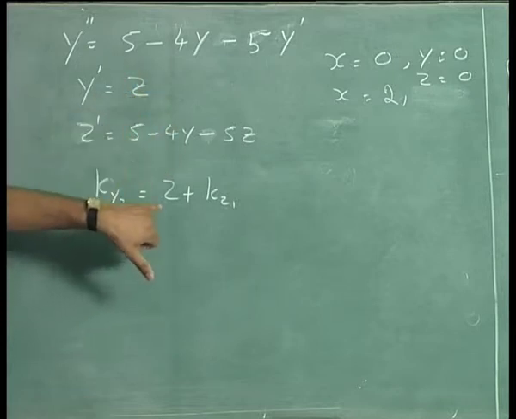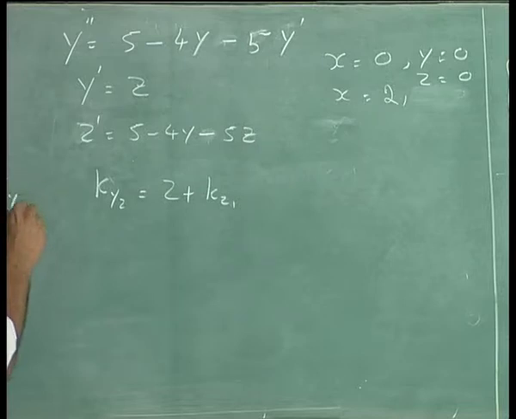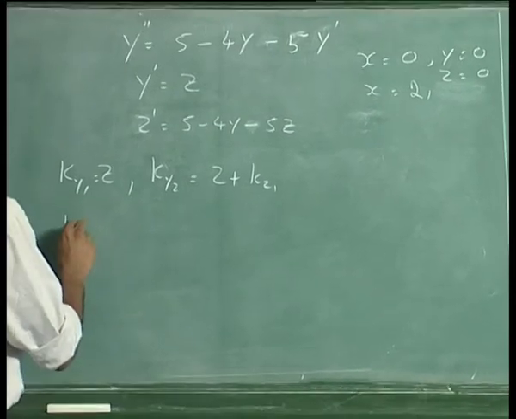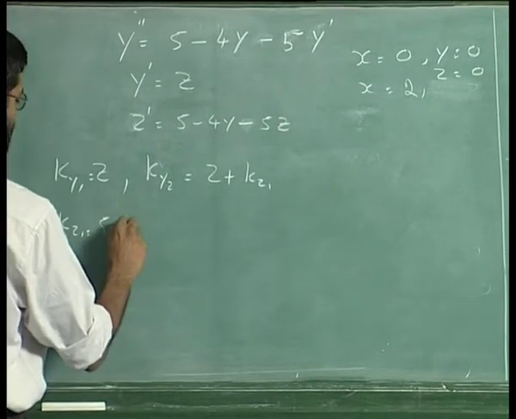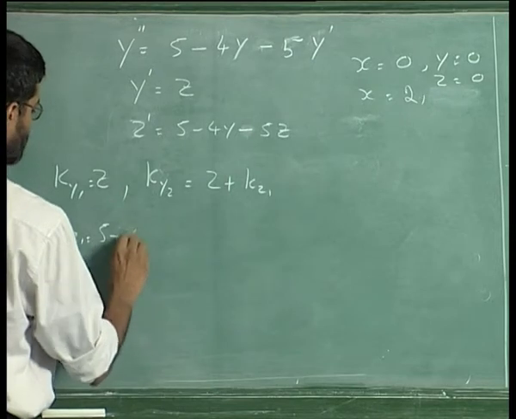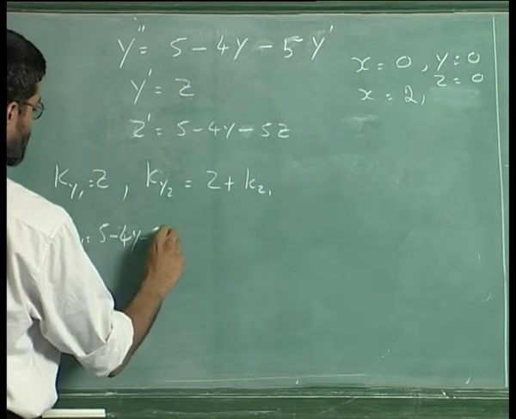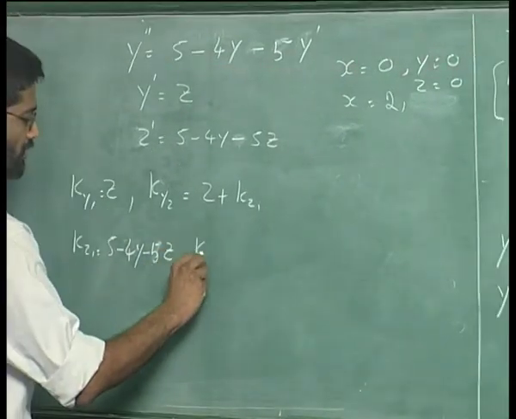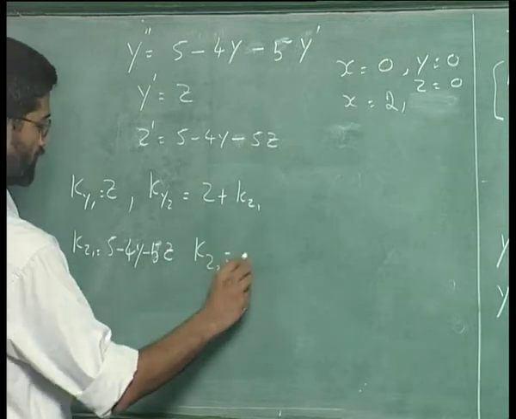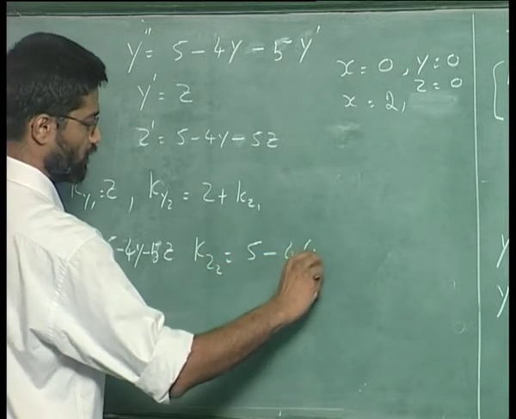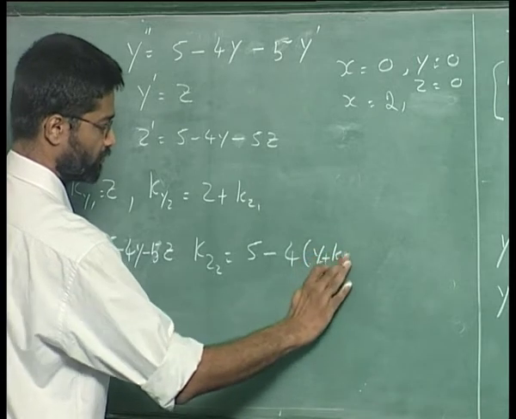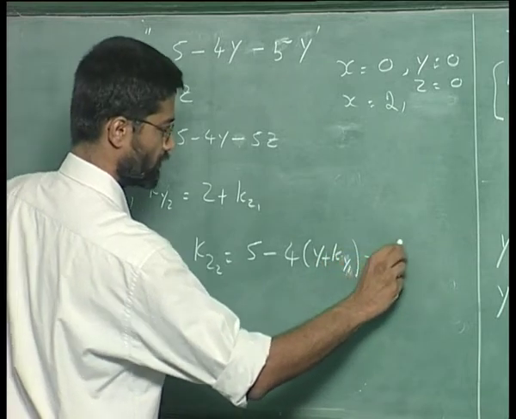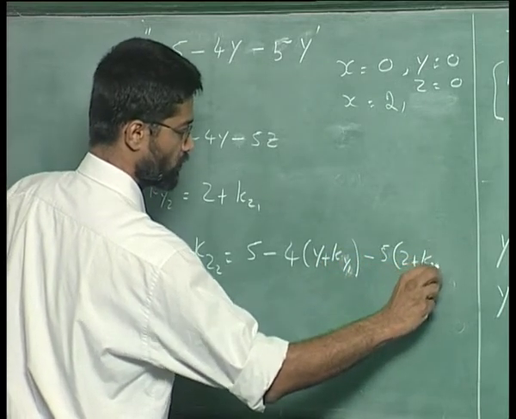So ky1 was z, and ky2 is z plus kz1, and kz1 was 5 minus 4y minus 5z, and now kz2 would be then 5 minus 4 times y plus ky1, and minus 5 into z plus kz1.